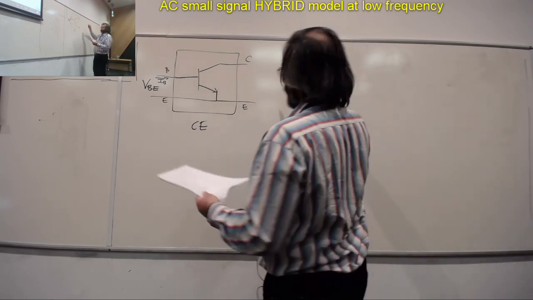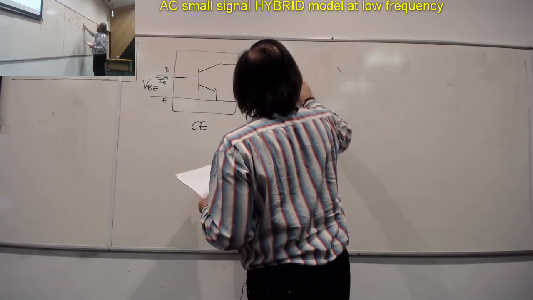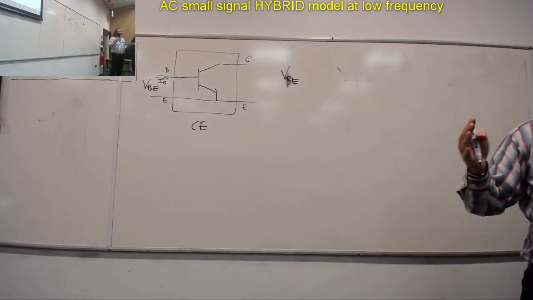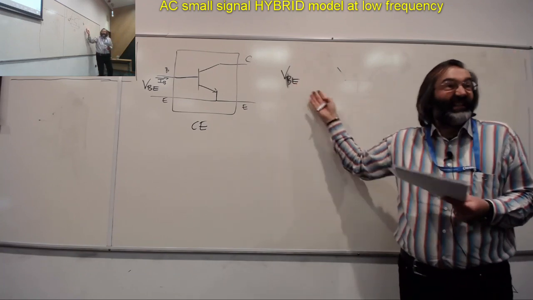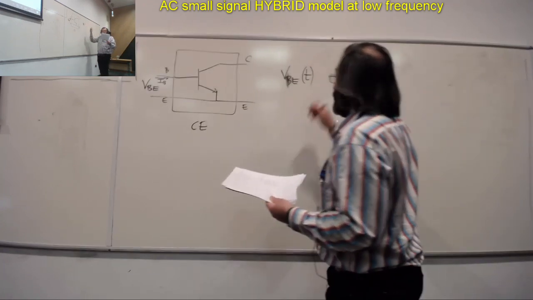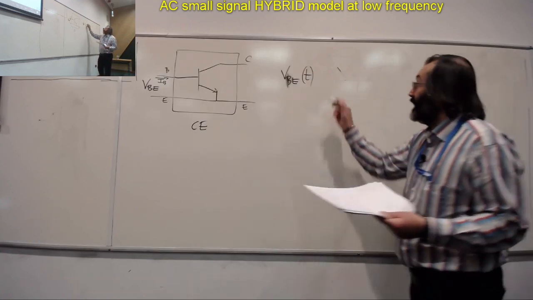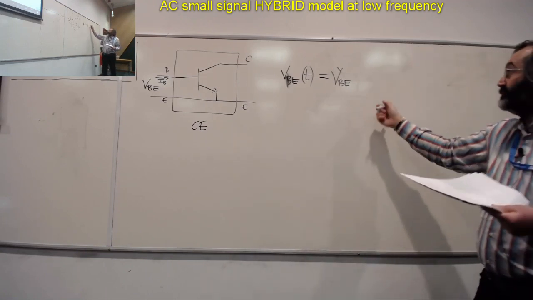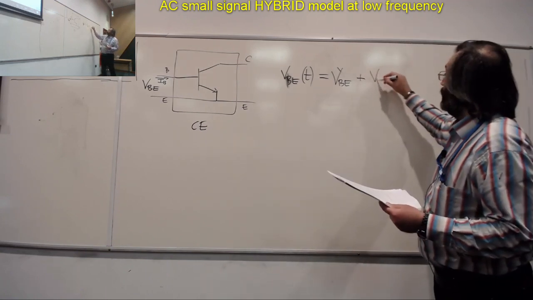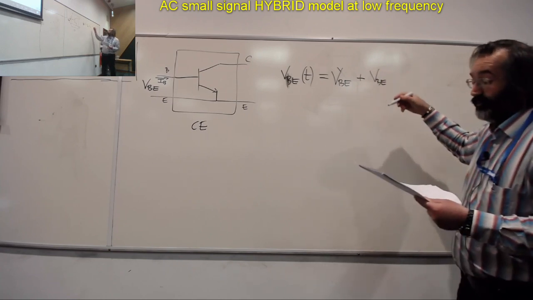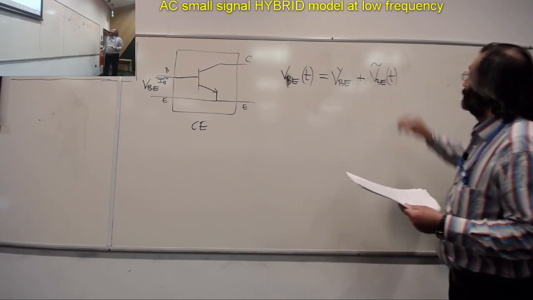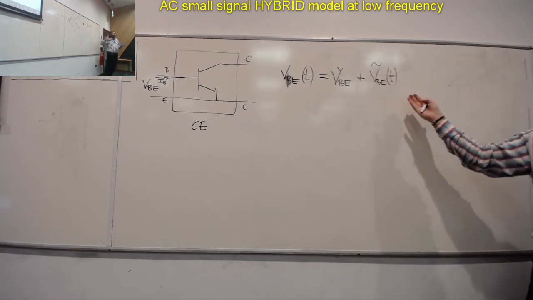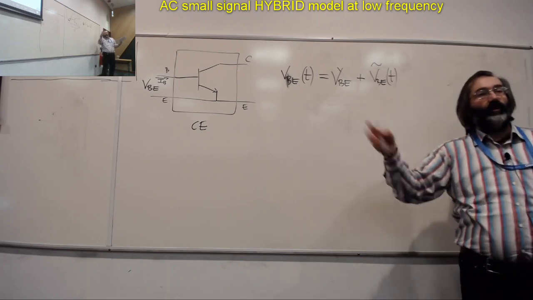So for example, for VB, I will not be dealing anymore with VB as a DC signal. Now VB, in general, as a signal, is a function of time because it's made of two parts. VB, which is the DC part, plus VB tilde, according to the formulas we've been using, I would write it like that. This is an AC signal in time, which is, for example, a sinusoid or a cosinusoid, whatever.